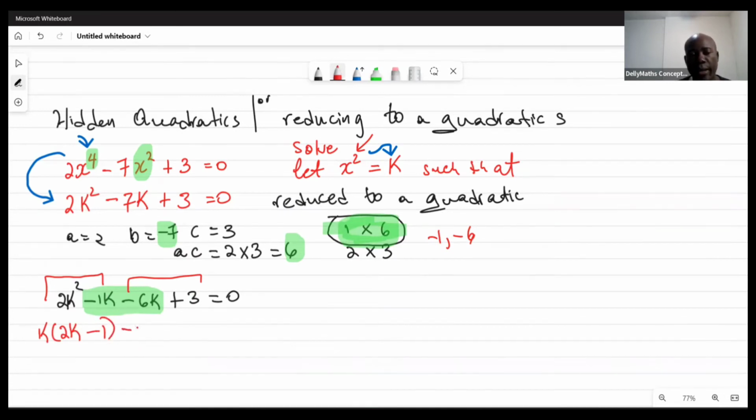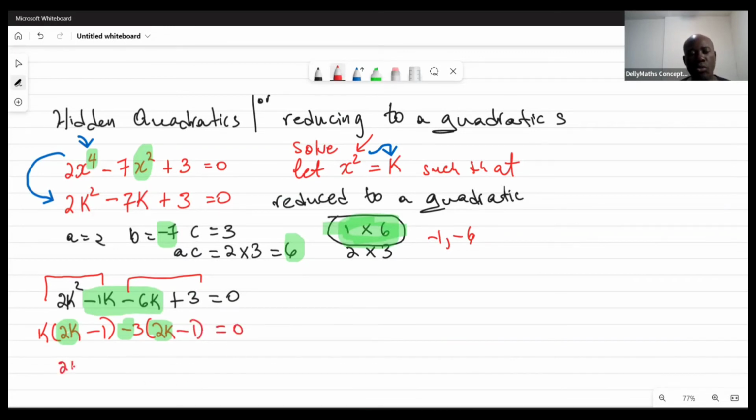We would have to take out -3, such that -3 into the -6k would give us +2k. Why am I making sure? The brackets must come back to be the exact identical twins. So I have to manipulate what sign I use there so that I get the result that I want. Then this becomes -1, and this is equal to 0.